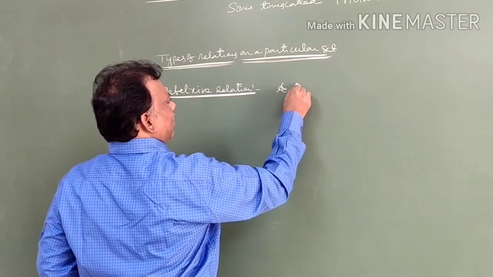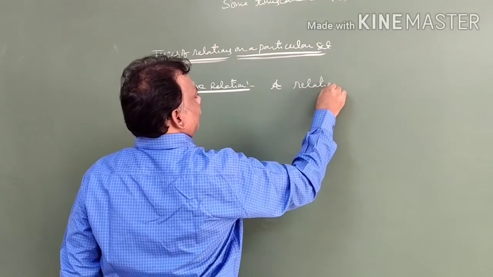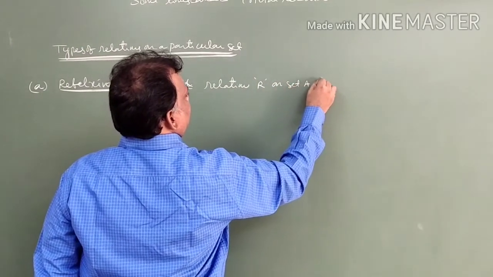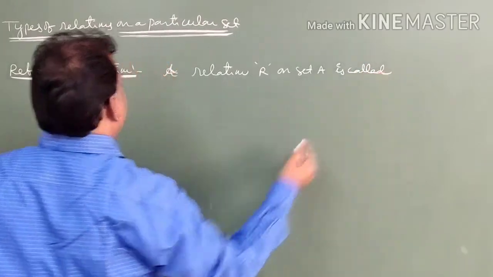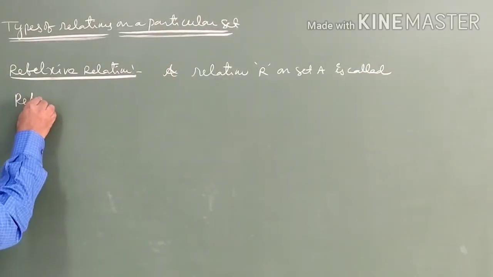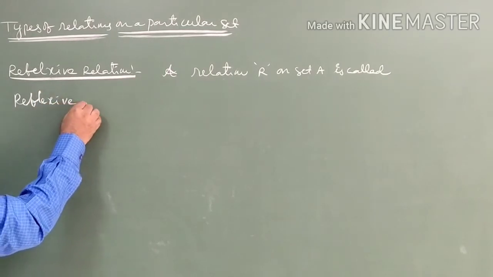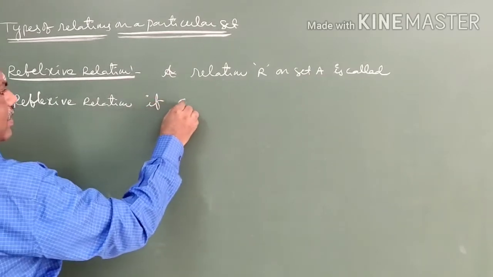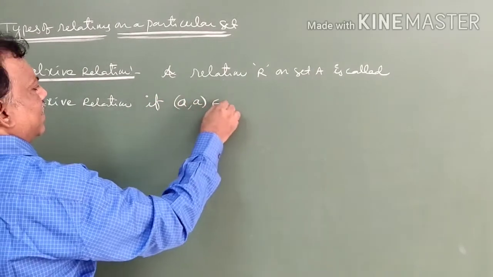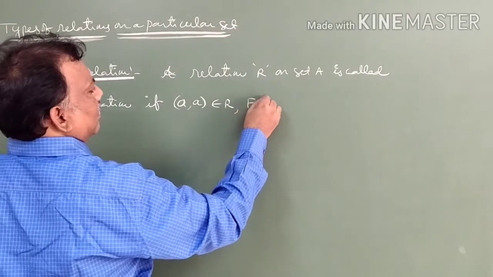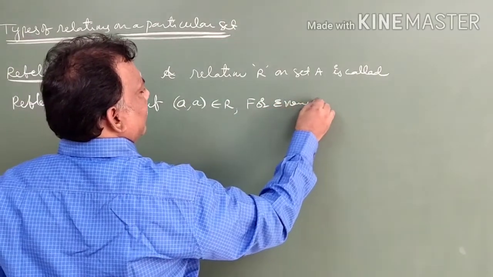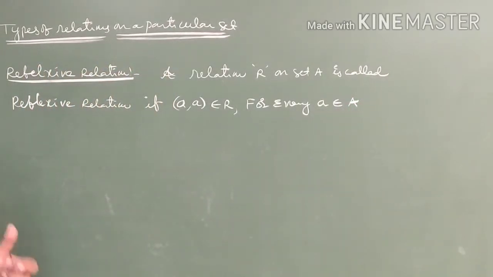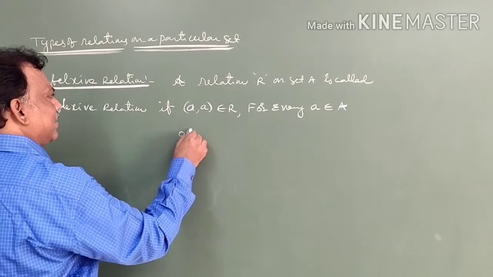A relation R on set A is called reflexive relation if the ordered pair (a, a) belongs to R for every small a belonging to capital A. This is a mathematical definition. A general definition I will give, that also you can write.